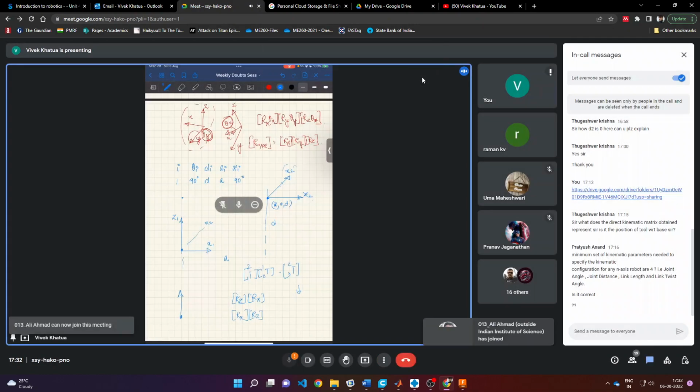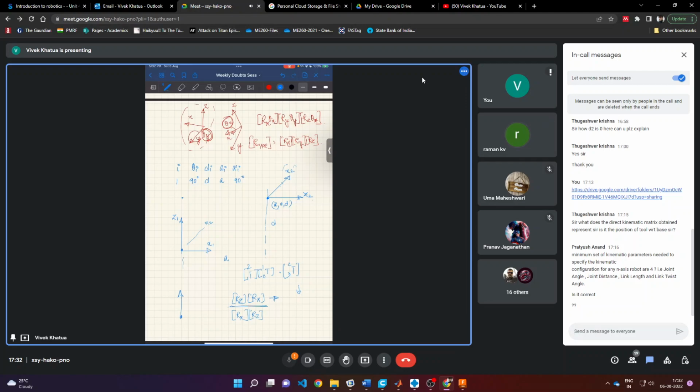Look at it this way. The moment we do this kind of multiplication, let me just work here itself. When we do Rx and then we say Rz, what we are essentially doing is a sequence of rotation.